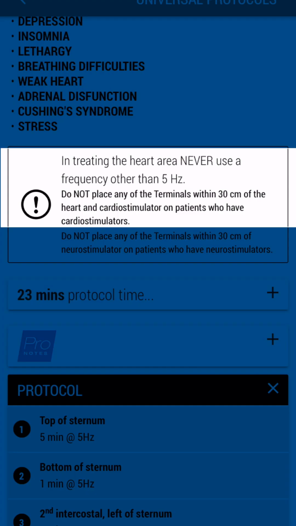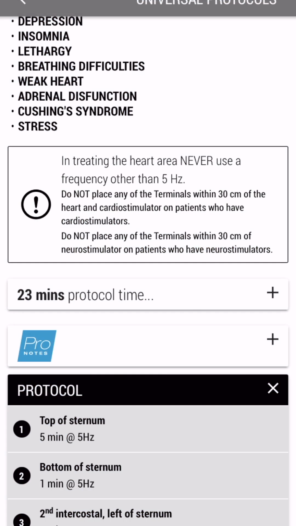And do not place any of the terminals within 30 centimeters or 1 foot for those who use imperial of the heart and cardiostimulators on patients who have cardiostimulators. In other words, if someone has a pacemaker for their heart, you don't want to place the coMra therapy device anywhere within 1 foot or 30 centimeters of that, or the stimulator itself, which will often be up in the top of the chest cavity somewhere.